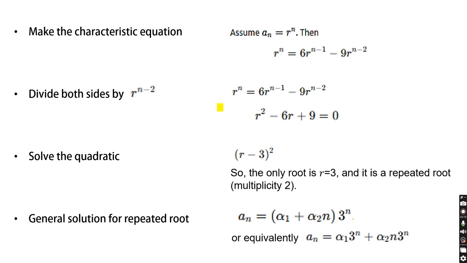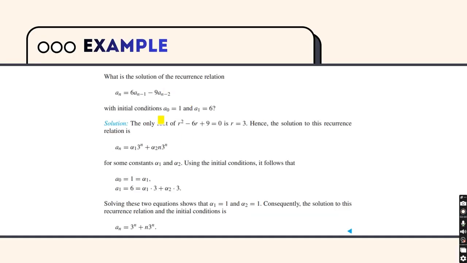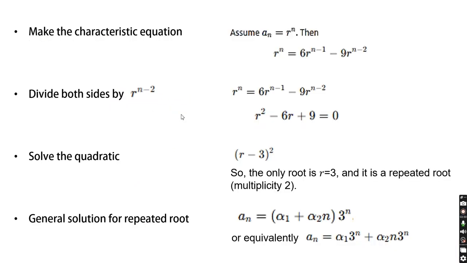First, again, is to make the characteristic equation. So we will replace an with rn. So this was the given equation. So we'll replace an with r. So after replacing, we have derived this equation.